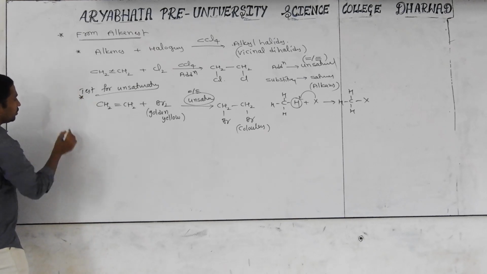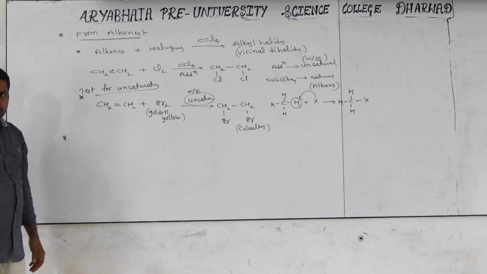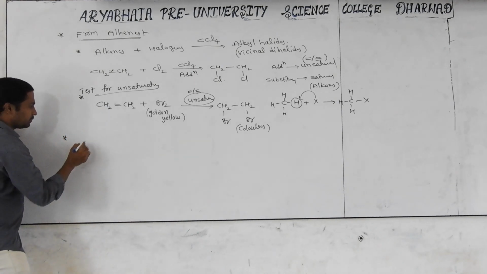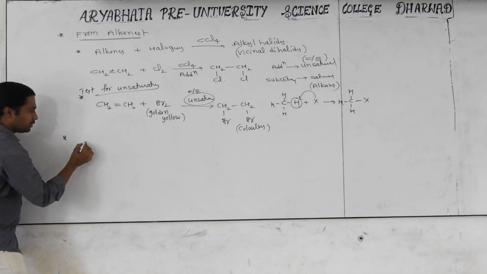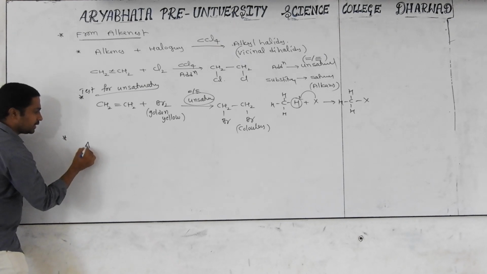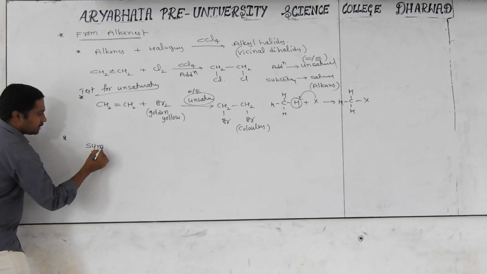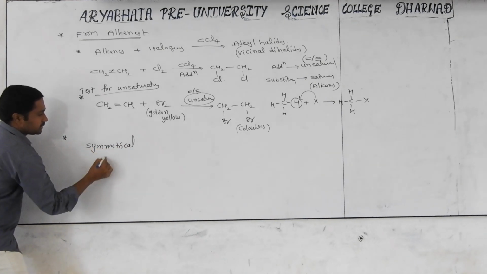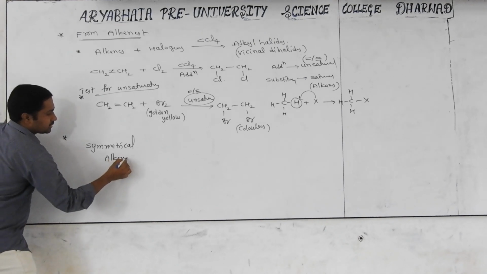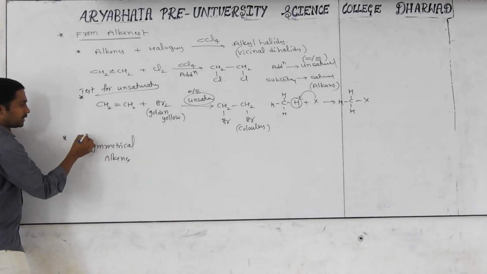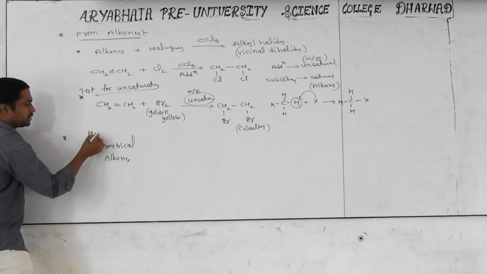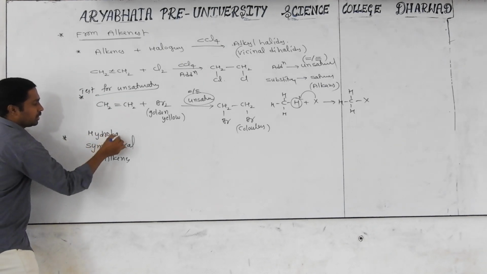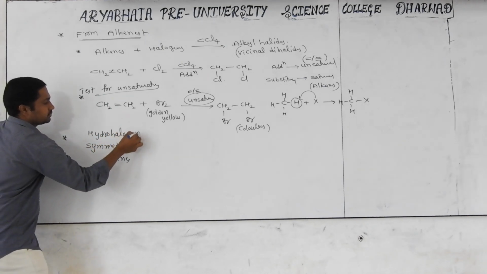Now we are discussing one more very important thing. You learned this under the alkenes hydrocarbons concept. You take, for example, from alkenes only. You take a symmetrical alkene. The heading, if you want to keep it, is hydrohalogenation.